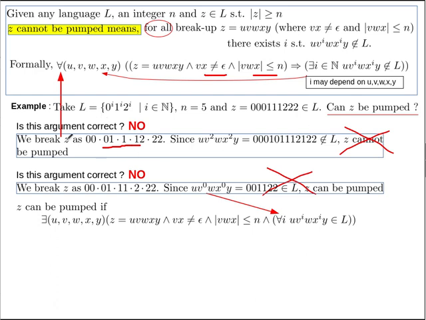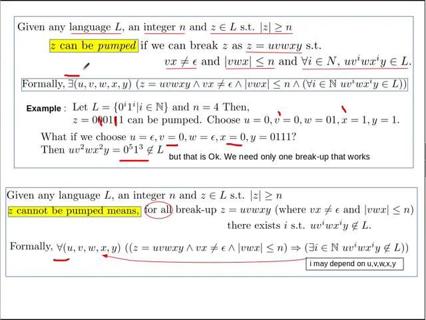But if we cannot argue that this z cannot be pumped using this faulty argument, then does it mean that z can be pumped? Because we said that for the case where we are showing that it can be pumped, we have a there exists, so just one breakup is fine, right?